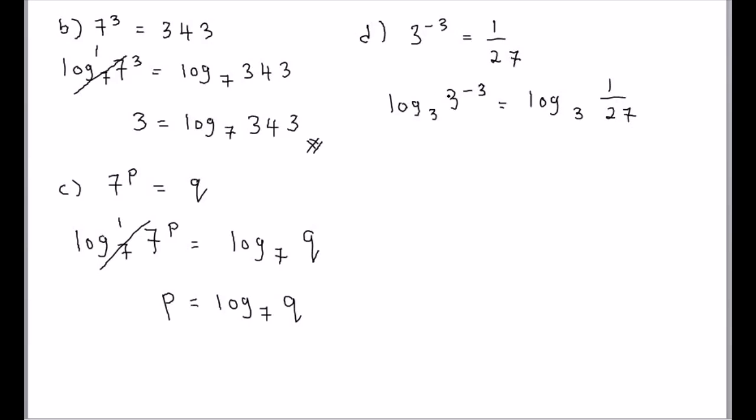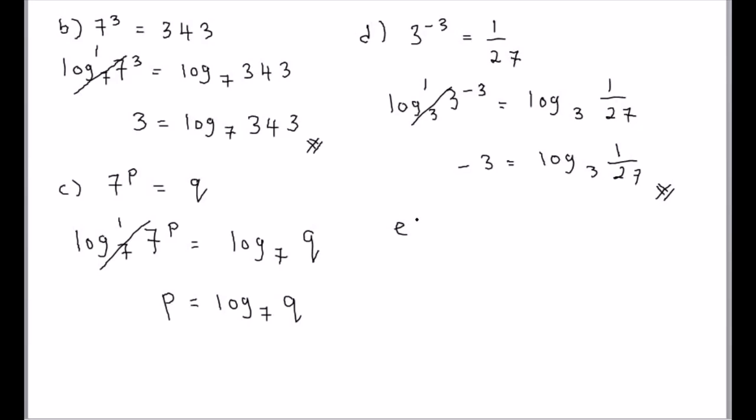So again, log 3 to the base 3 is equal to 1. So here we have negative 3 equals log 1 over 27 to the base 3.